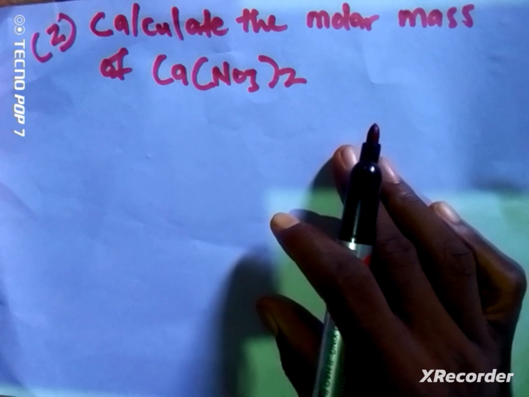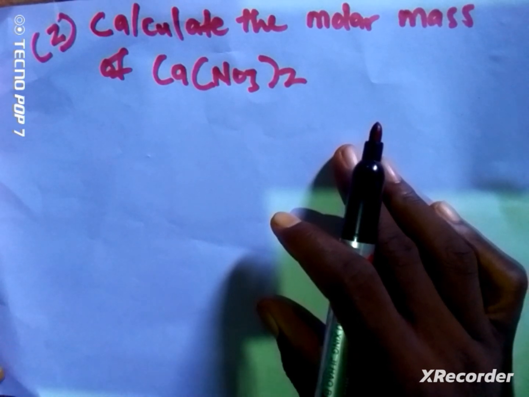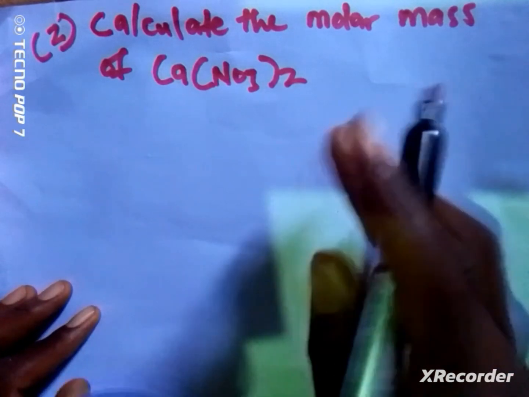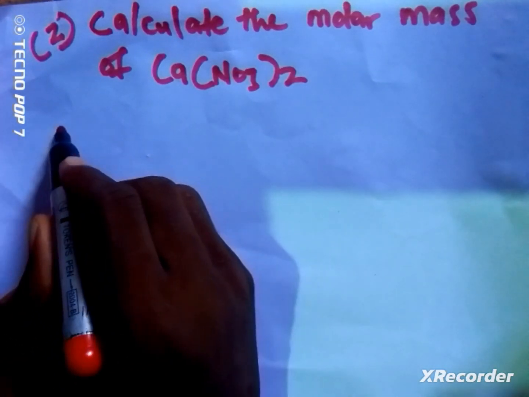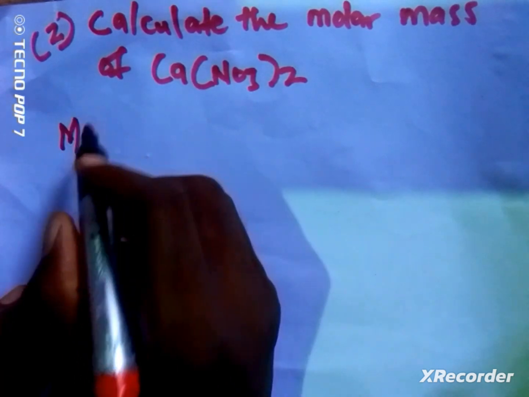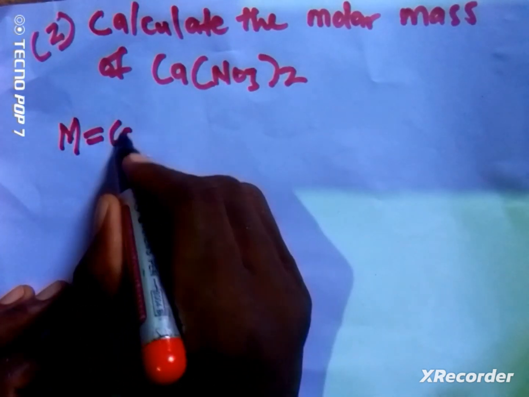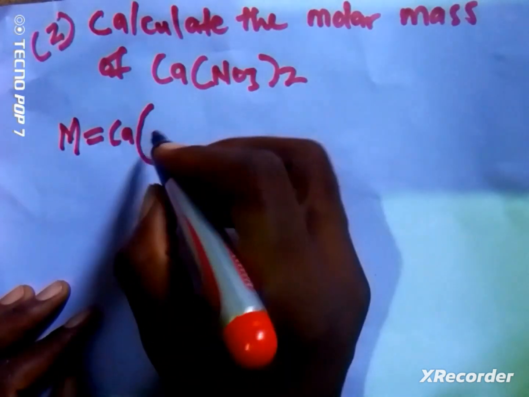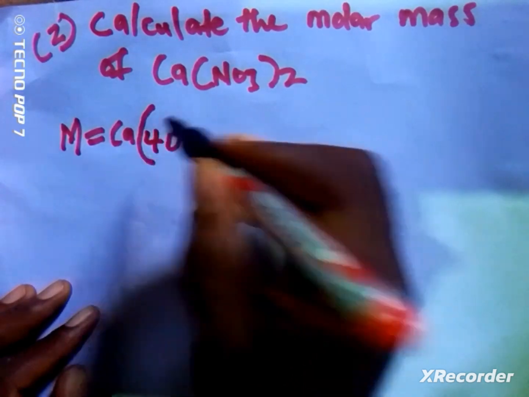So I want you to give me the atomic mass of calcium. What is the atomic mass of calcium? You get it correct. The atomic mass of calcium is 40. So remember, the symbol is M equal to calcium, parenthesis open, 40.